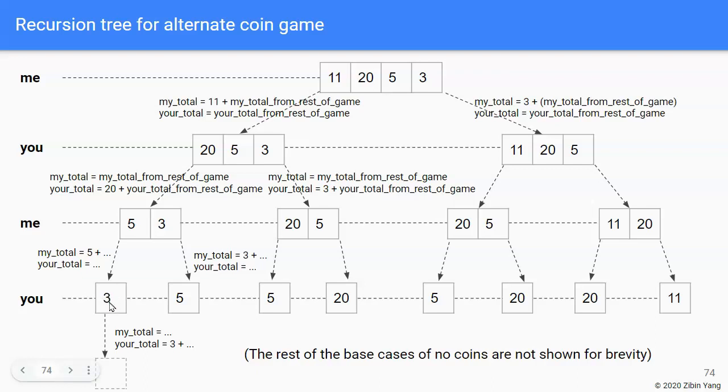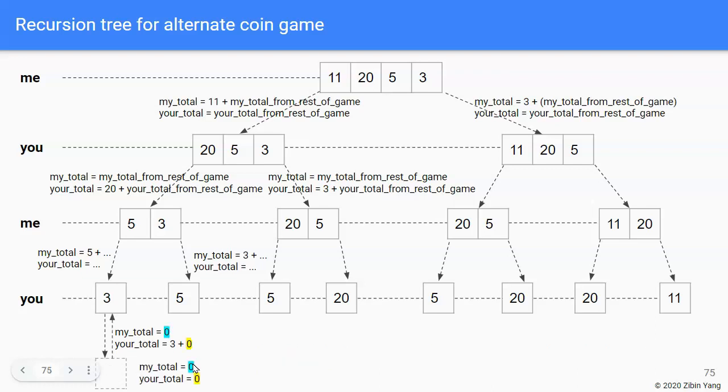You have to pick 3. So therefore, at that point, your total is going to be 3 plus whatever's left. And my total is whatever is left. Now, we know what that is. We're going to hit the base case, right? This is going to be just both 0.